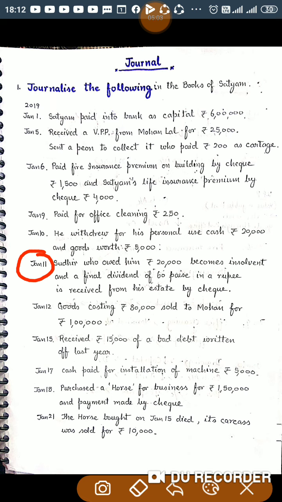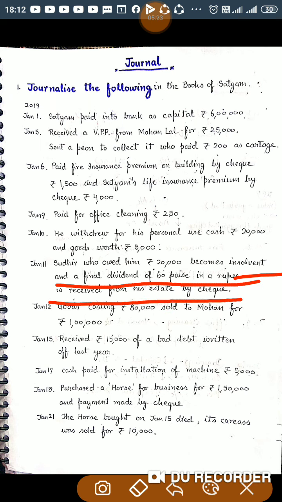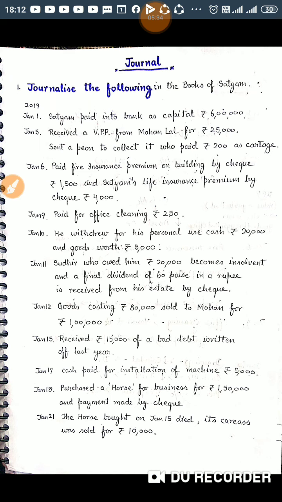So Sudhir is a debtor for the business, and he became insolvent. Insolvent means incapable of paying his debt. Only 60 paise in a rupee, that means 60%, can be recovered from him, and it is recovered through check.